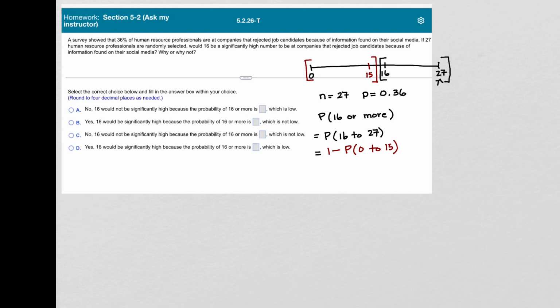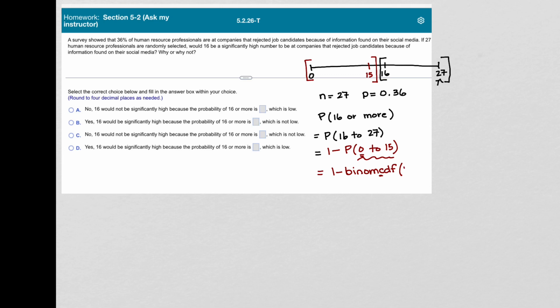So now I'm ready to put this in the calculator because we're starting at 0. So this is going to be 1 minus binomial CDF, and it's CDF because we're looking at a range of values here from 0 to 15 successes, not just 15 successes or 16 successes or what have you.